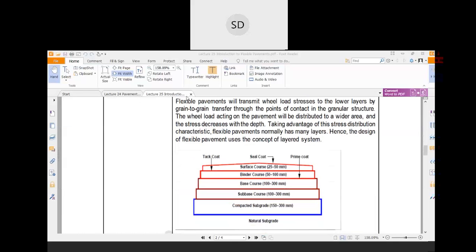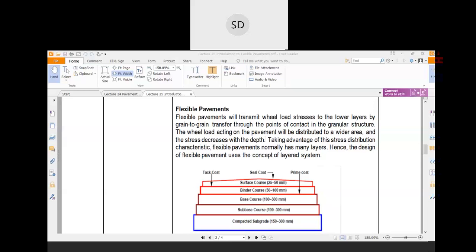Now, flexible pavements transmit wheel load stress to the lower layers by grain to grain transfer. What is this grain to grain transfer? Suppose in the flexible pavement, aggregates are used in the binder course, in the base course, and in the sub base course.